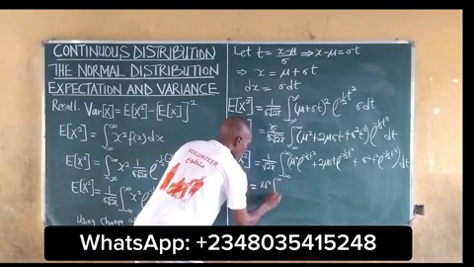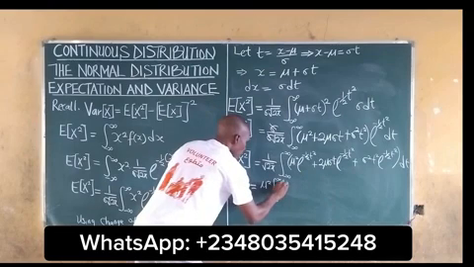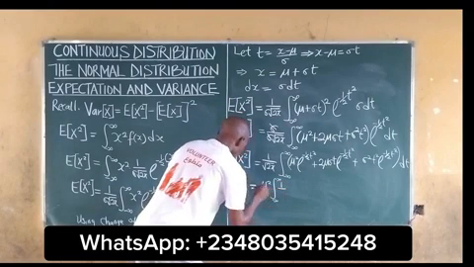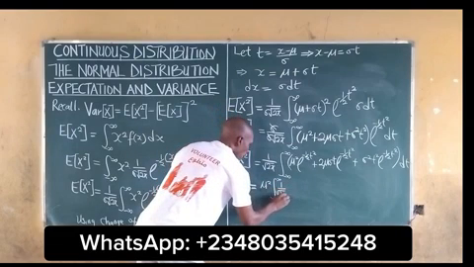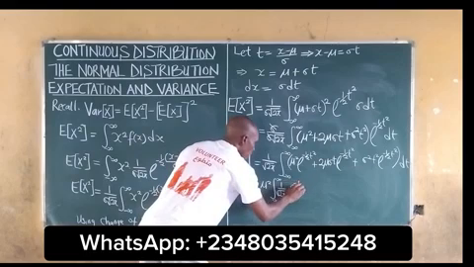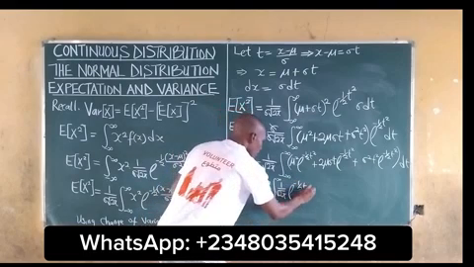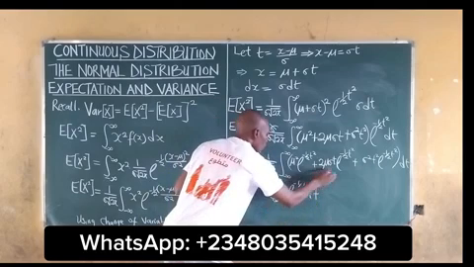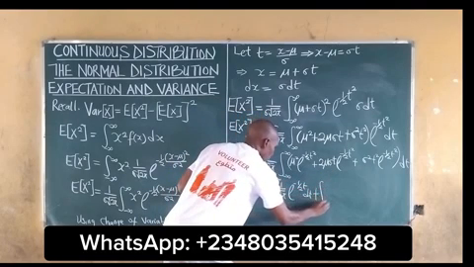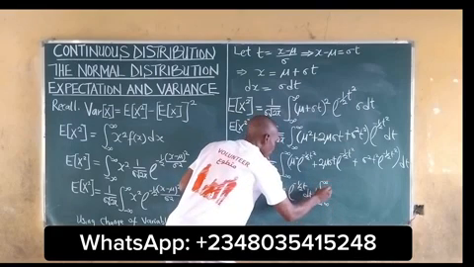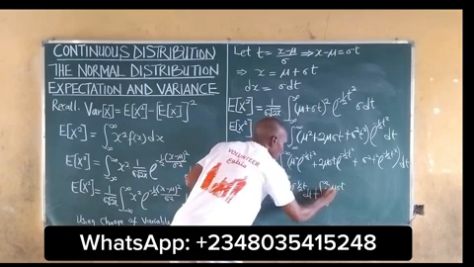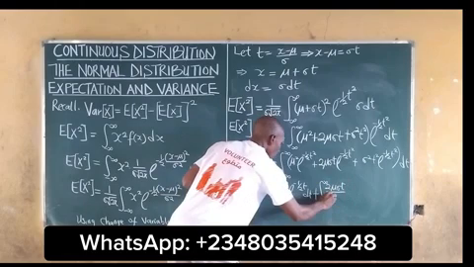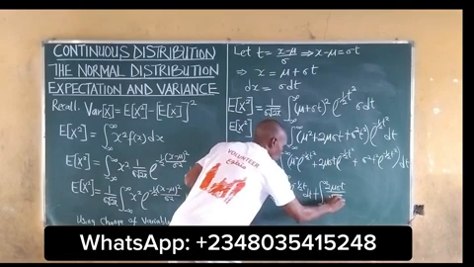The integral from negative infinity to infinity, we have 1 all over square root of 2 pi exponential negative 1 all over 2 t squared dt plus we have this as the integral from negative infinity to infinity of 2 mu sigma t all over square root of 2 pi.